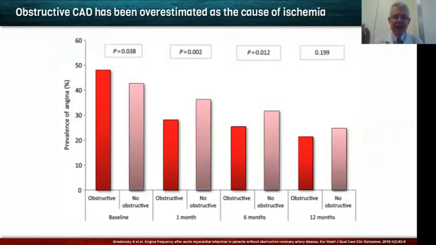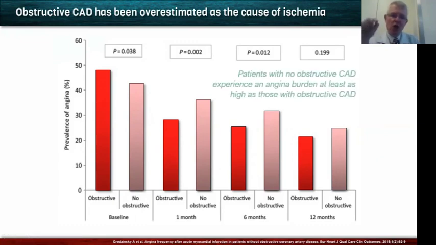Now look at the percentage of patients with no obstructive CAD in this light pink color, and you see that those patients with no obstructive CAD have at least the same, if not more, angina than those patients with obstructive CAD.